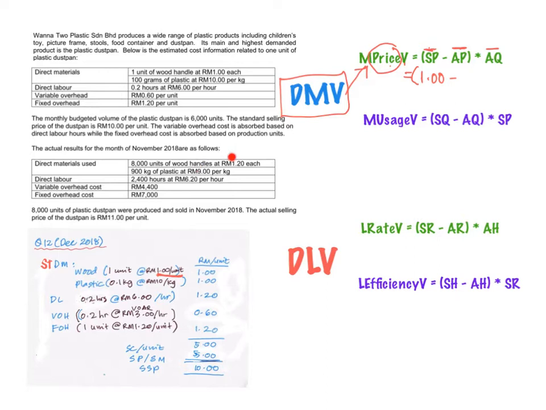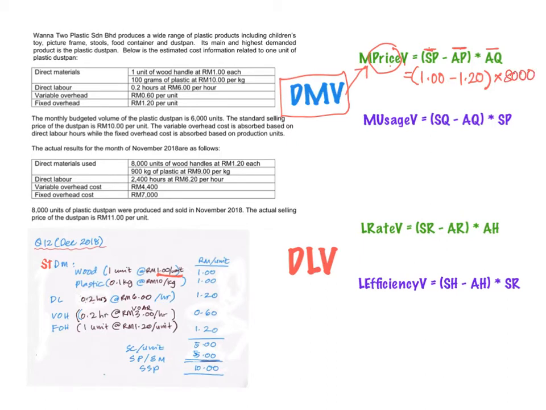So this is the actual price that you are looking for. The actual price is now 1 ringgit and 20 cent, and then you multiply it by the actual quantity. As you can see here, 8,000 units of wood handles have been purchased. So this is the actual units, and we multiply by 8,000 units.